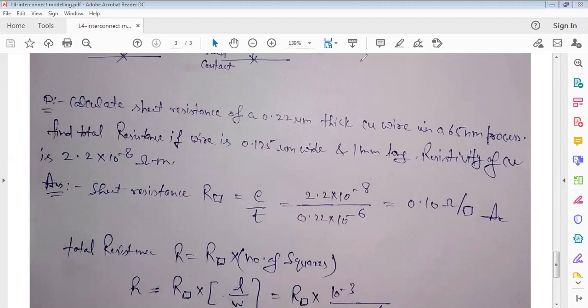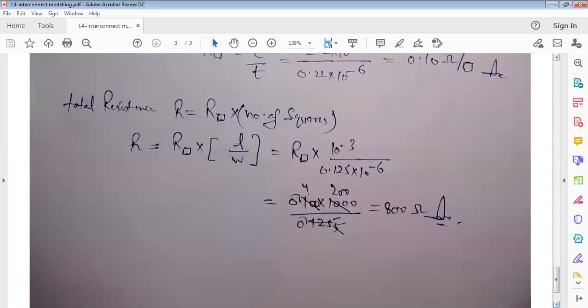You can put these values in this equation and you will finally get the resistance, which is equal to 800 ohm. This is how you can calculate it.